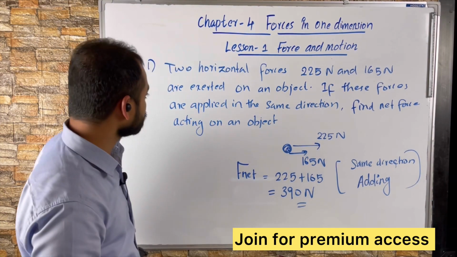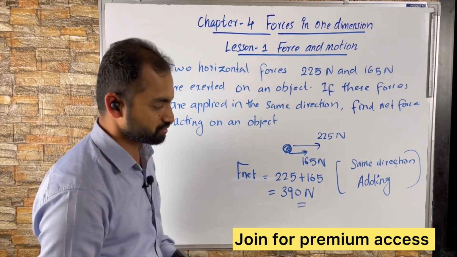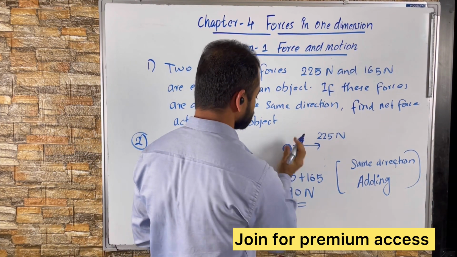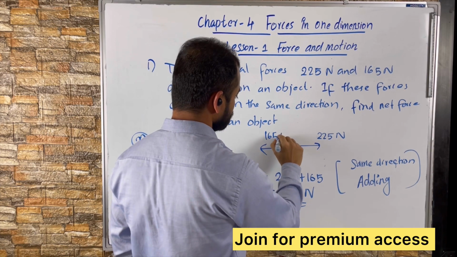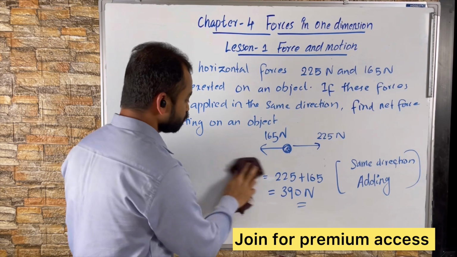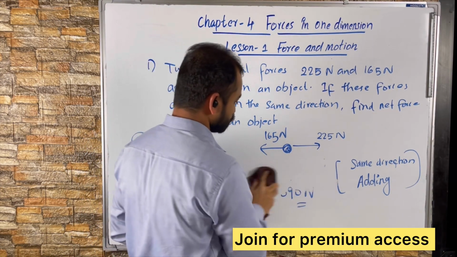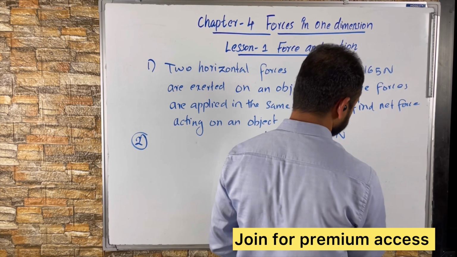Then the second question is, if these 2 same forces, this is 165 Newton, are acting in the opposite direction, what will be the net force? Net force we will represent by writing F subscript net.